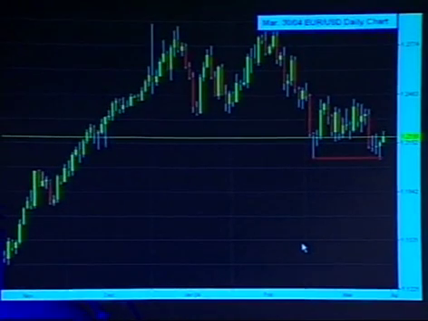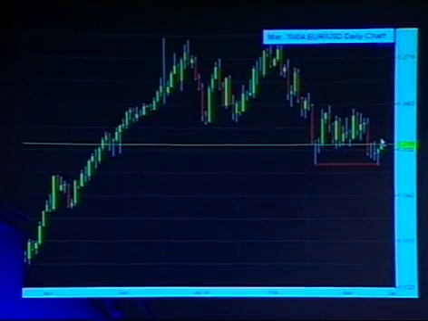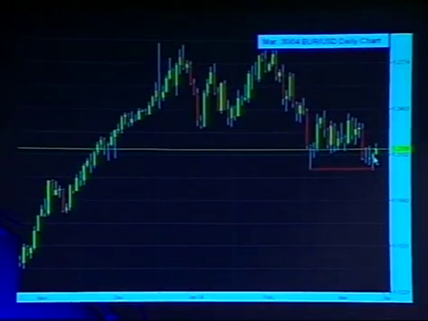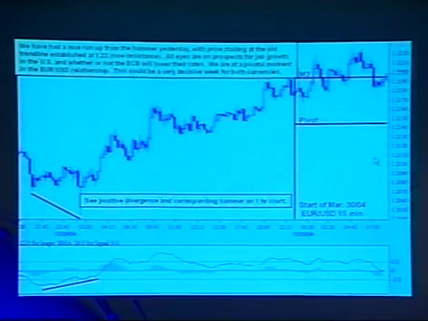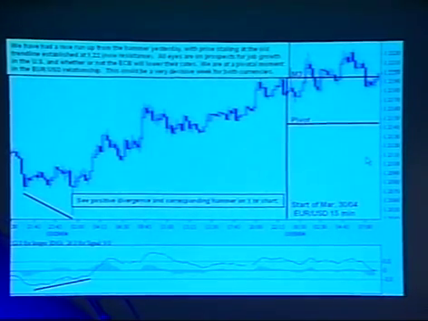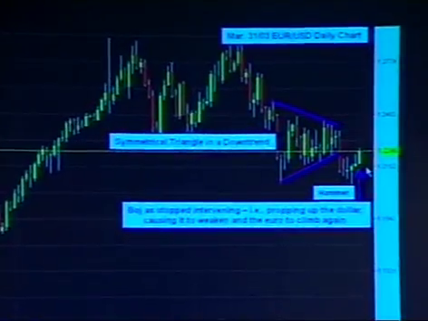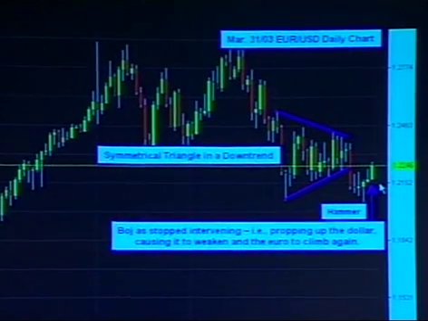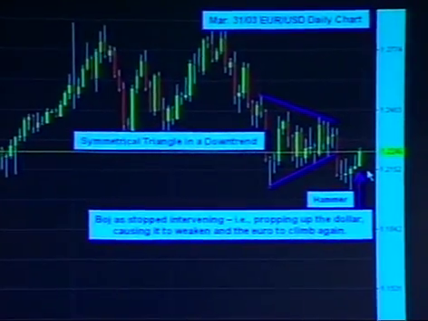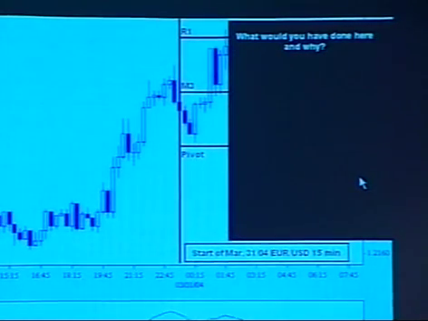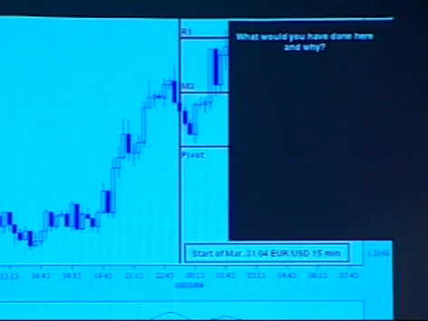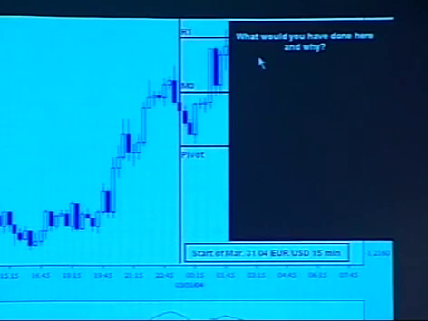We're back to the euro daily chart where price went up and then got hit on Friday. Okay, what do you see here? Negative divergence.